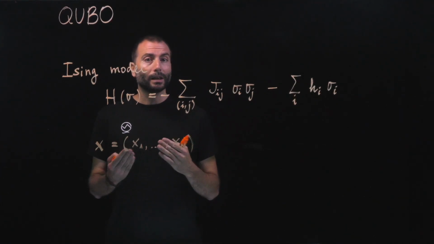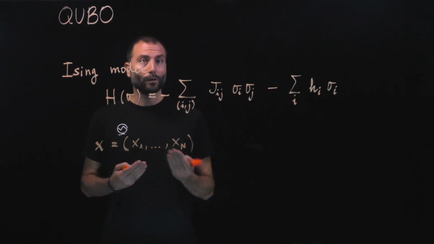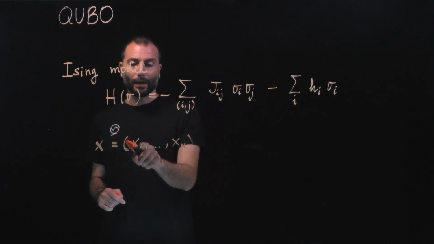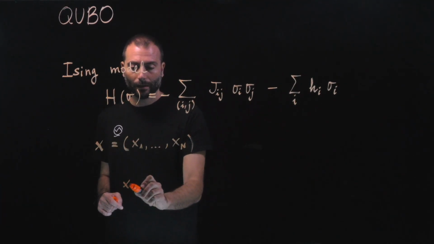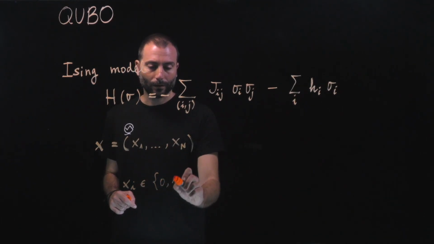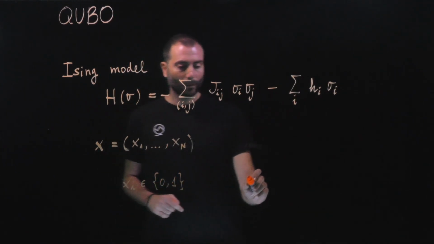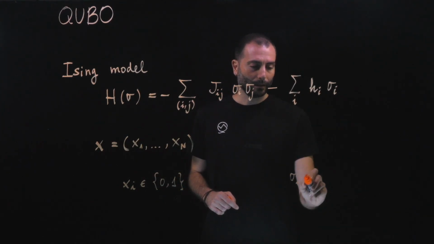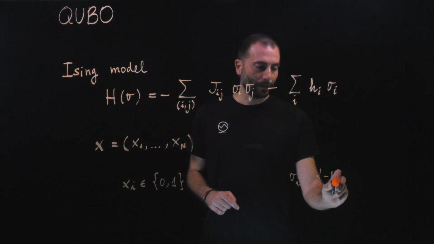So we need to just perform an easy transformation that maps the binary variable xi that takes value 0 or 1 with a spin variable sigma i that takes values -1 or +1.